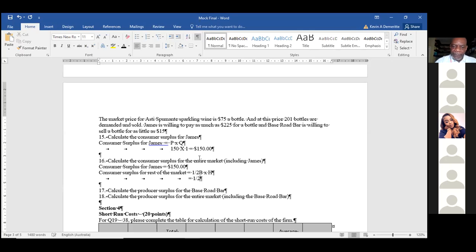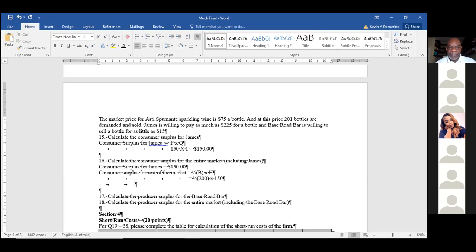So it's 1/2 of 200 times the height we said was 150, equals 100 times 150.